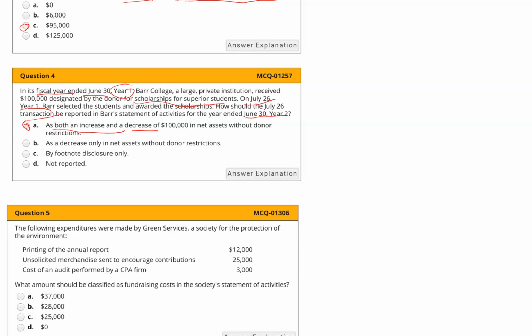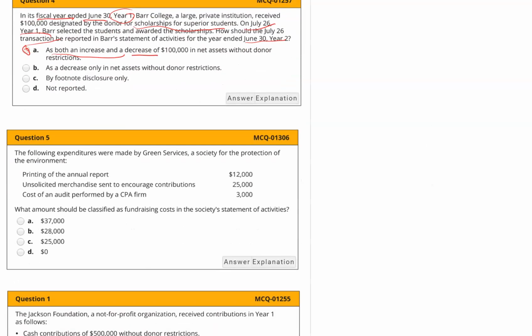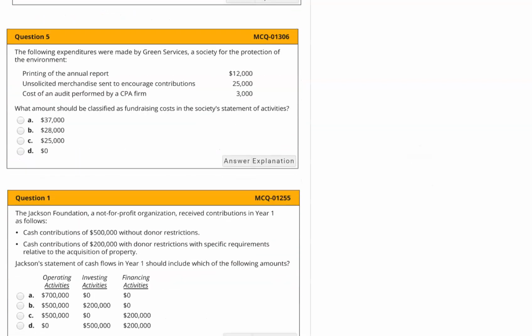It will be a decrease in net assets without donor restrictions, but before decreasing, the net assets without donor restrictions will be increased because of the release of that amount from the with restrictions amount. Now, it's not a footnote. You have to record and recognize it. Not just reported, that's not correct.